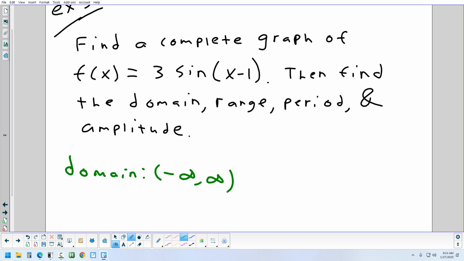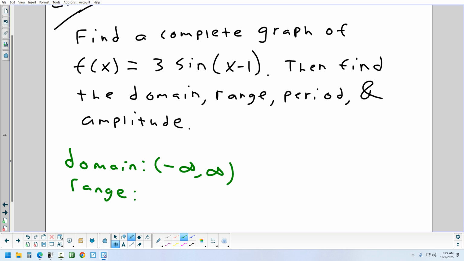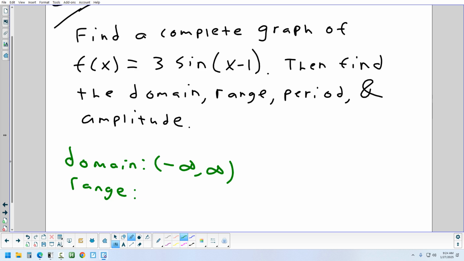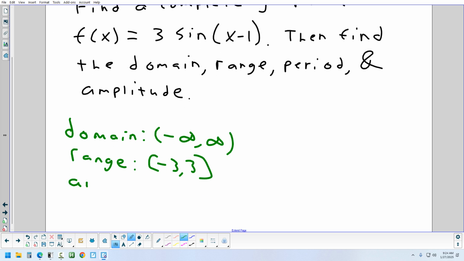Okay, let's do the range. All right, what's the range? Sometimes it's easier to find the amplitude first, but this one, I think we can get the range first. Yep. -3 to 3. Okay, as long as you haven't done a shift up or down, those numbers are going to be symmetrical. Domain, range, amplitude is 3. Good.